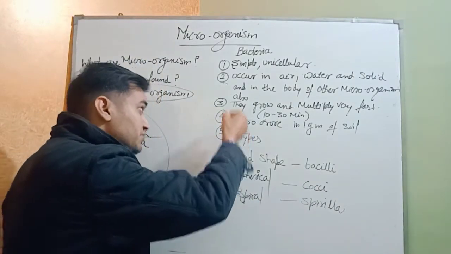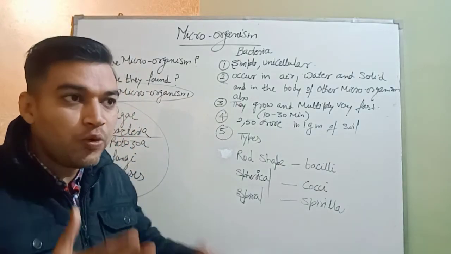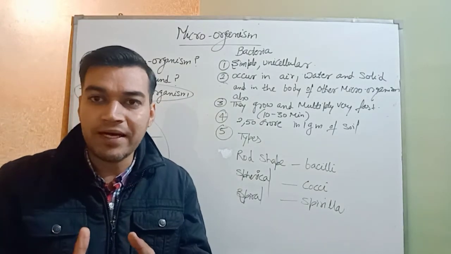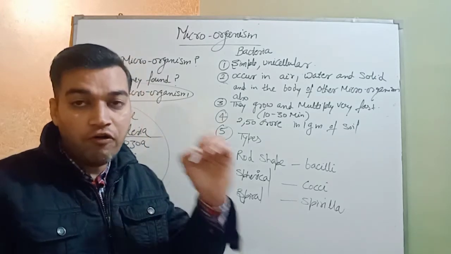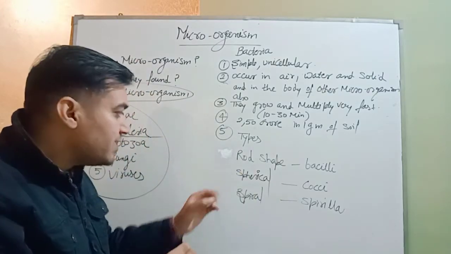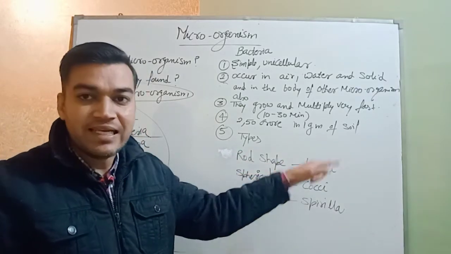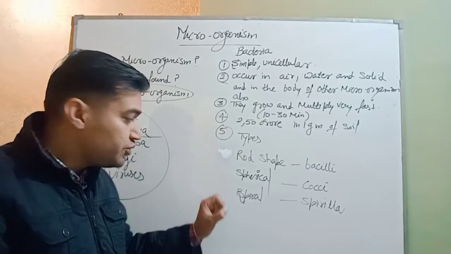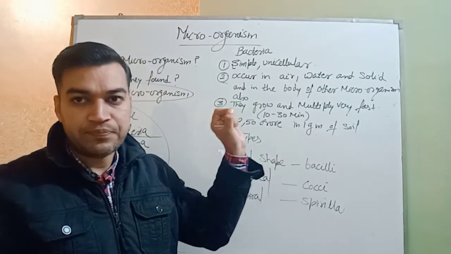Now next, the last feature or the last discussion of the bacteria is the classification of bacteria, types of bacteria. We can classify bacteria on the basis of their shapes. If the shape is rod, we call that bacteria bacilli. If their shape is spherical, we call them cocci.